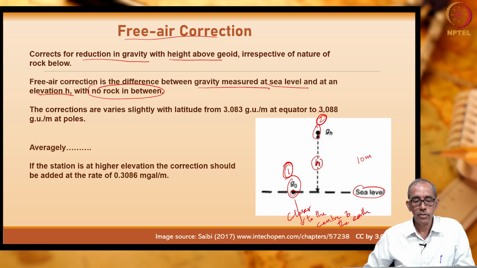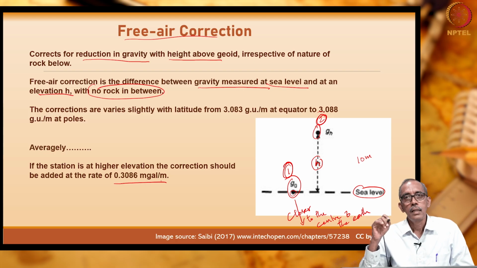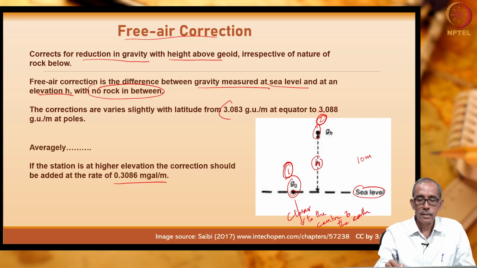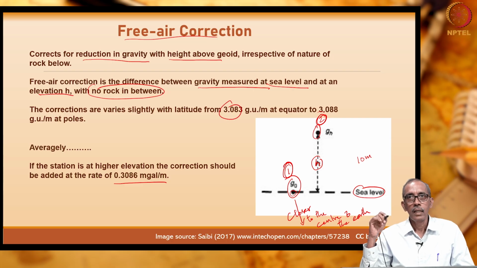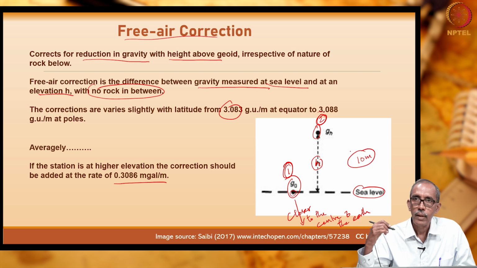So, this will be about 0.3086 milligal per meter, or it is 3.086 gravity units per meter. Okay. So, this correction we are making. Now, imagine this station number 2 is 10 meters above.